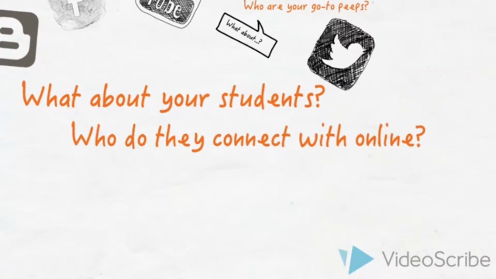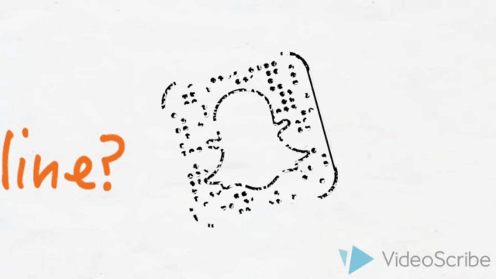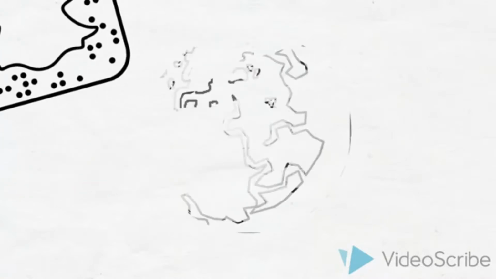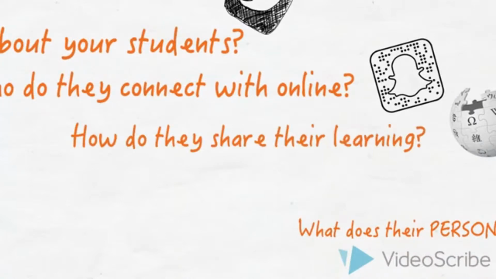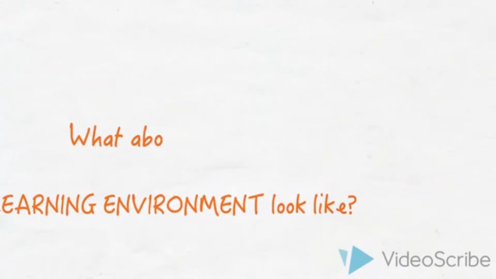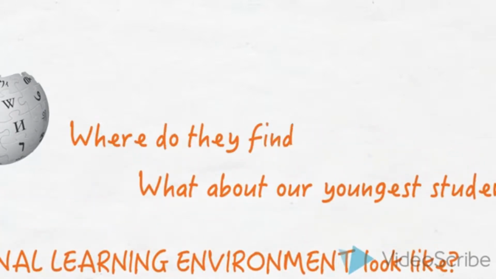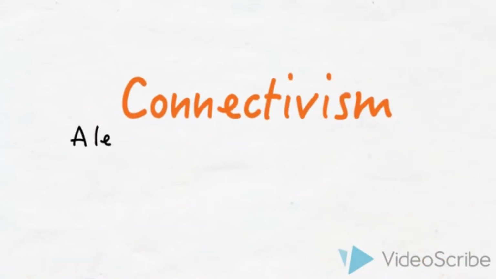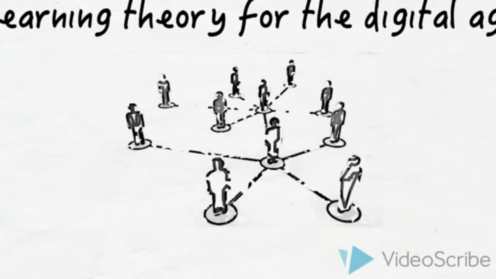Who do they connect with online? What does their personal learning environment look like? Do they use things like Snapchat? Perhaps they use Wikipedia. Do they share and contribute to that? How do they share their learning? Do they have blogs? Who or where do they learn from? What about our younger students, our little kindergarten students? Where do they find experts? Connectivism is a digital theory. Actually, it's a learning theory for the digital age. It's important so that people can connect and gain perspectives from around the world.